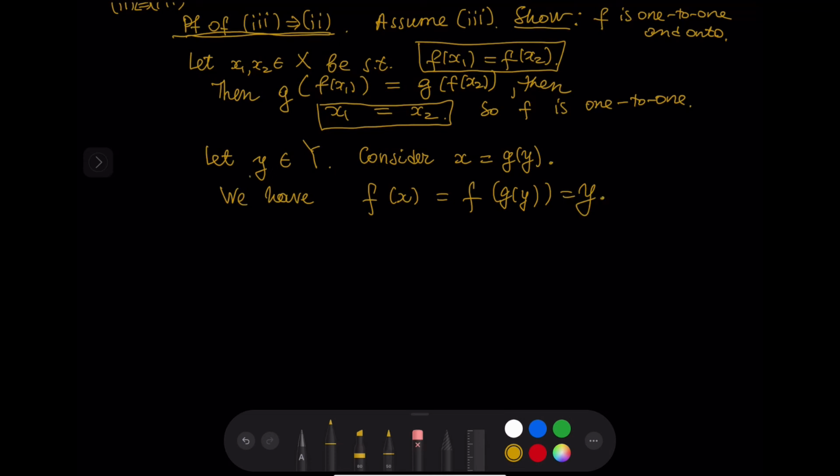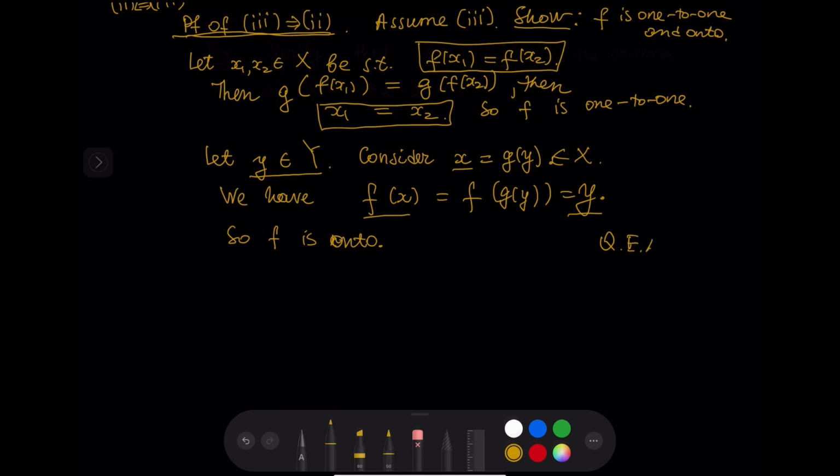So for this y in capital Y, there exists an x in capital X such that f of x is equal to y. So that proves that the function f is onto. So in summary, we proved that f is 1 to 1 and onto, so then it is a bijection, and that finishes our proof of the implication III implies II.